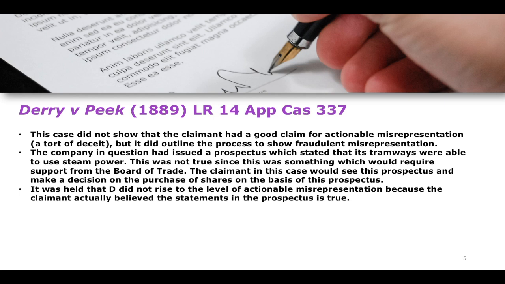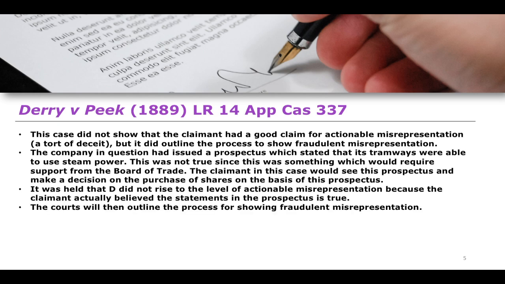It was held that the defendant in the issuance of the prospectus did not rise to the level of an actionable misrepresentation, because essentially the defendant actually believed the statements in the prospectus were true.